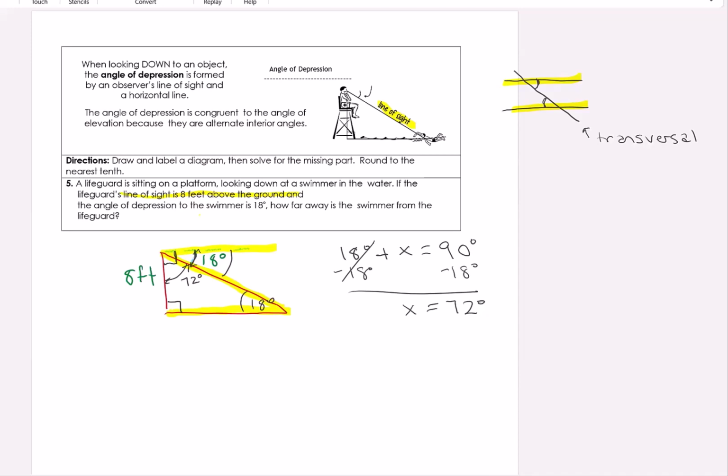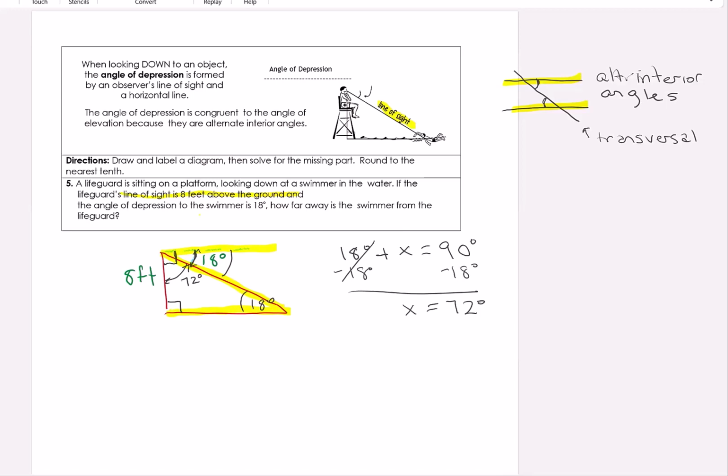Those are alternating interior. They're alternating because they're on different sides of the transversal. They're interior because they're between the parallel lines. And alternating interior angles are always equal to each other.